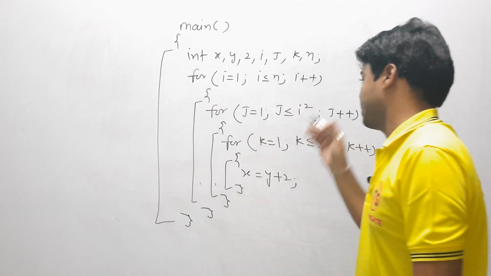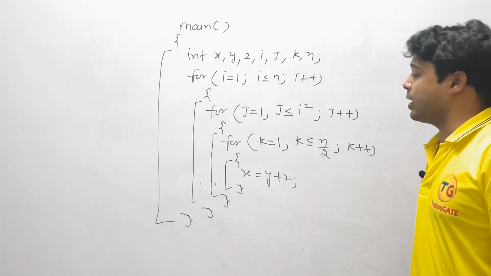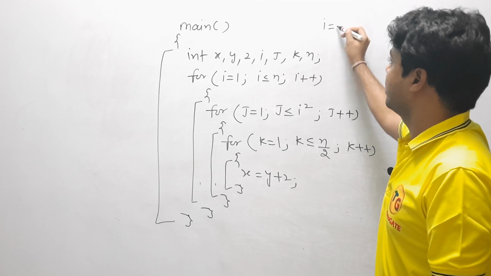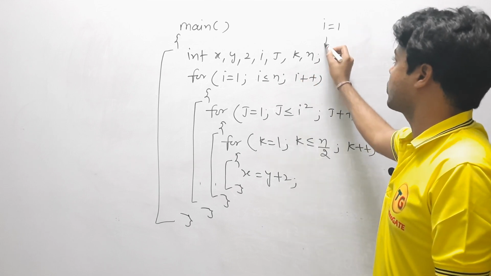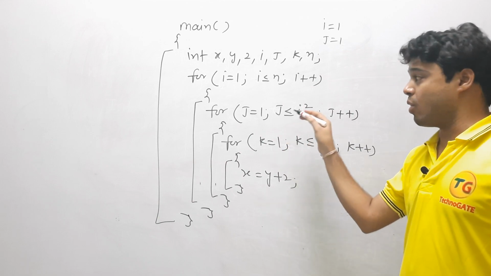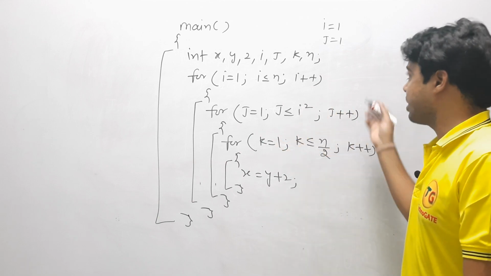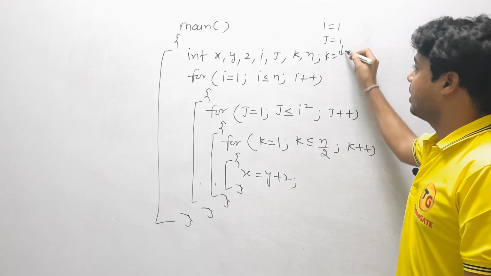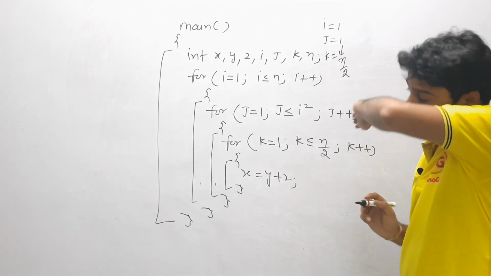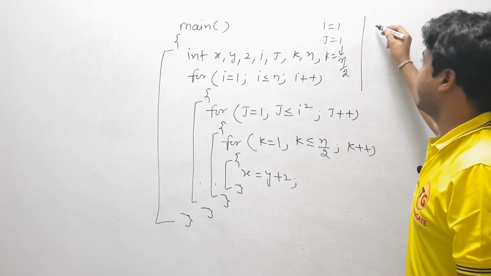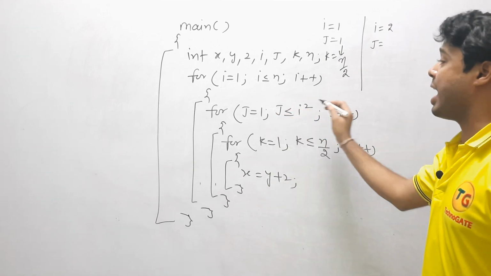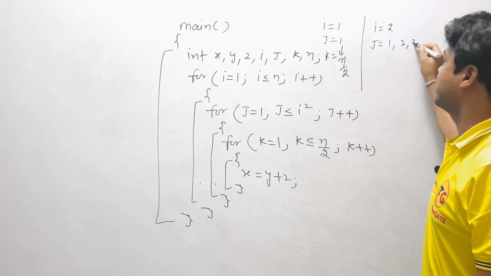So let's check this one. I is 1 here, so j will execute i square, one time only. For every value of j, k goes to n by 2 times. So k will execute n by 2 times here. Now suppose i is 2 here, j will execute 1 to i square, means 1, 2, 3, 4.